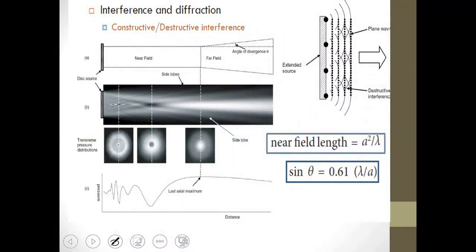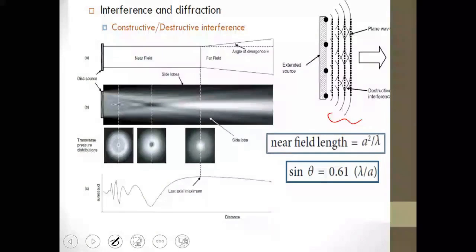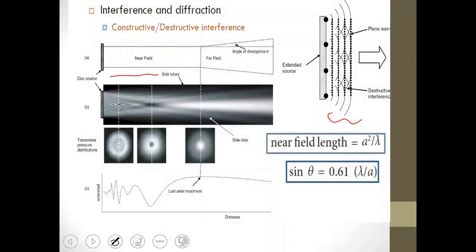These pulses create what is called constructive interference. And this occurs in the first area, which is called the near field. This area is called convergence. Convergence occurs here, meaning there is still interference happening between the beams.